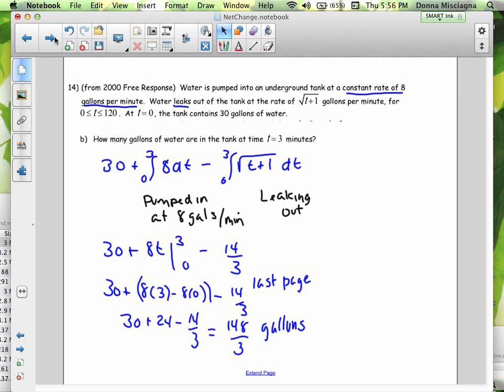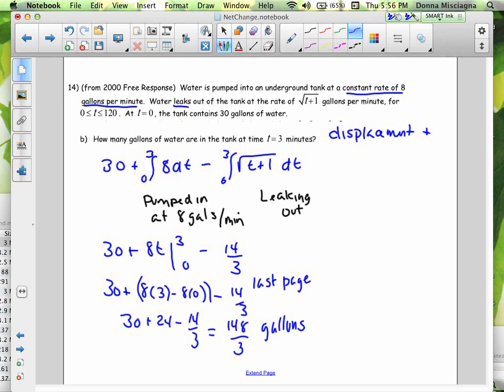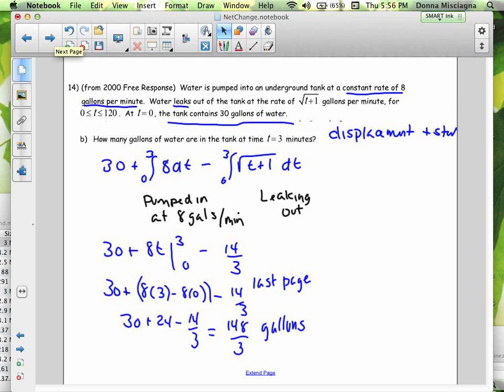So remember, that's displacement plus starting. I hope you caught that right here. So be careful. If it has an initial value, make sure you include that. That doesn't get integrated. That's already there. We're adding that.